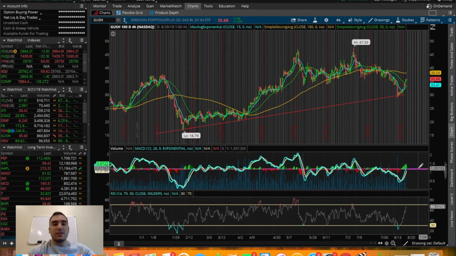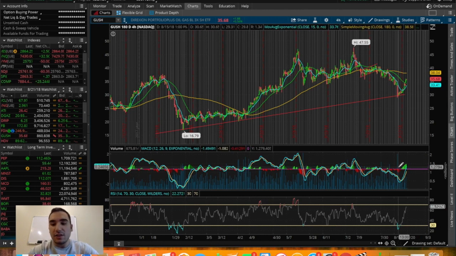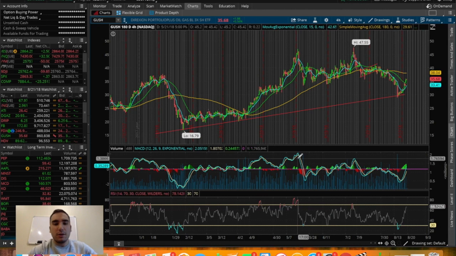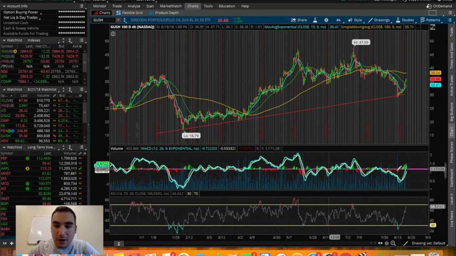And this can give us an indication on whether or not a stock or an ETF is in a bearish formation or a bullish formation. That's pretty much what this is used for, and it's used to better give us a buying perspective on whether or not it's a good time to buy or whether or not it's a good time to sell a particular stock or ETF. Now let's talk about an example with the MACD line.